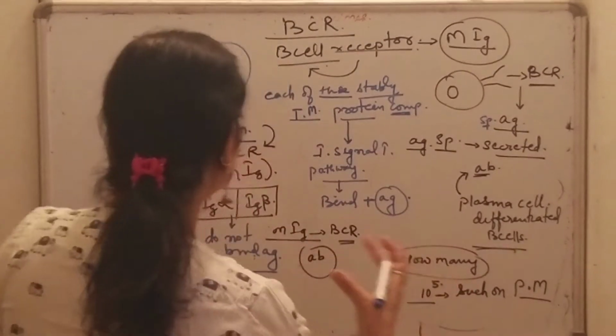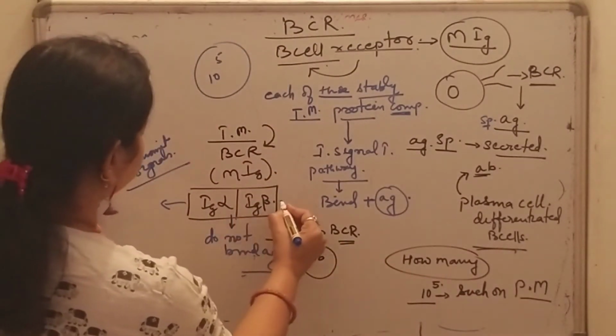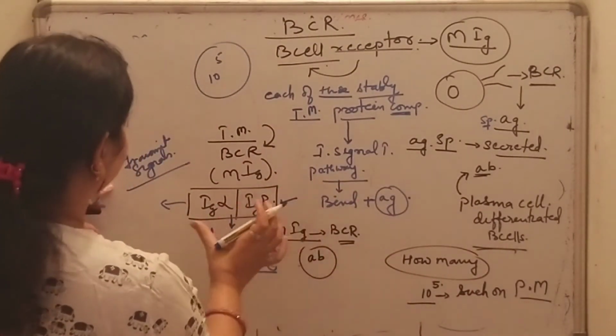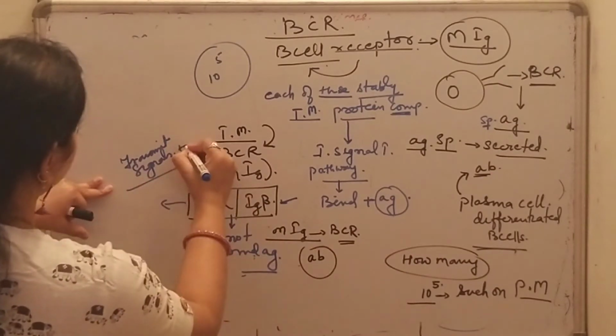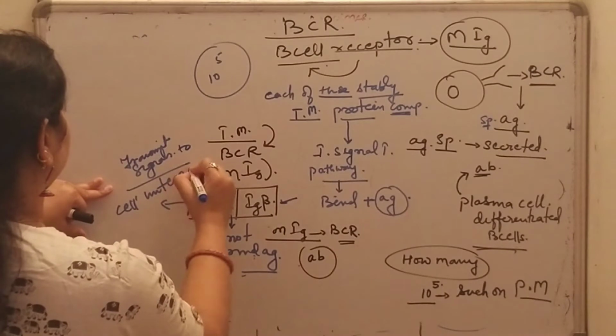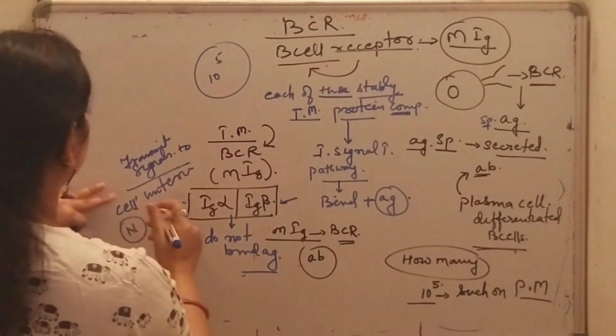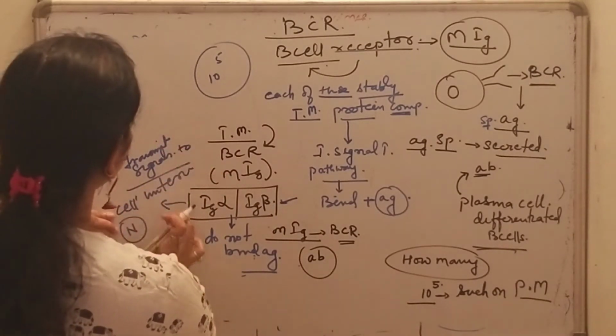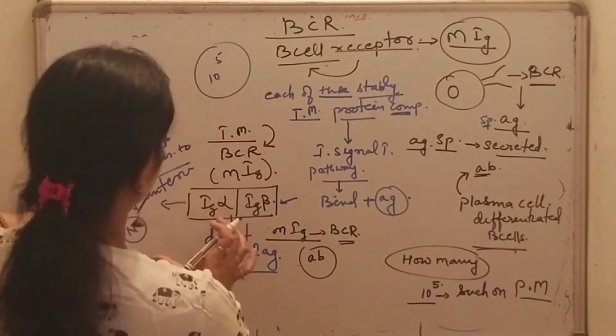So this is the function of this transmembrane protein complex. They transmit the signals to the cell's interior, or nucleus, to change the pattern of gene expression.